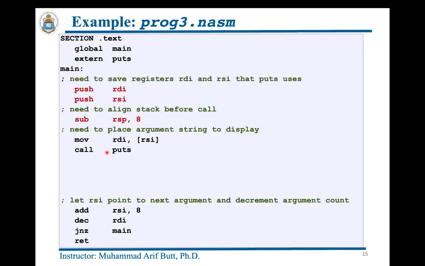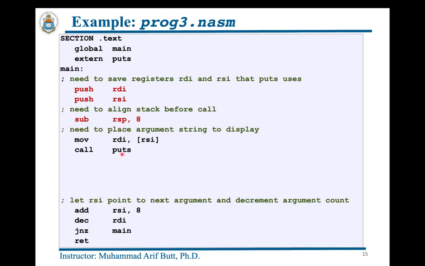So the solution is we add these 3 lines of code shown in red. First of all, we are saving the contents of the RDI and RSI registers on the stack. And to align the stack before the call, we have subtracted 8 from the RSP register.